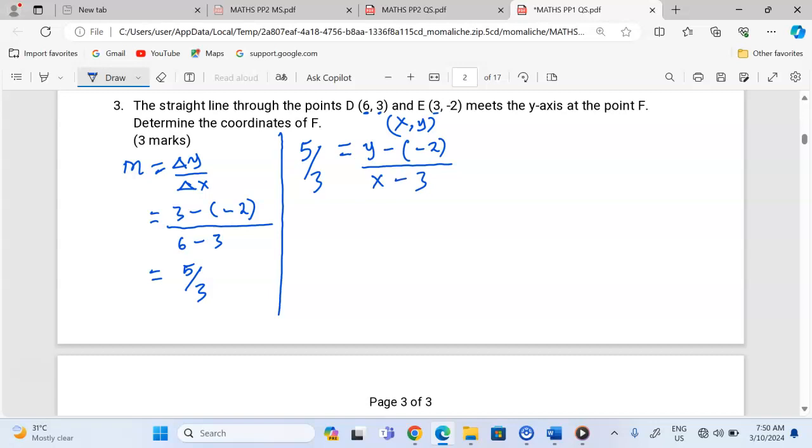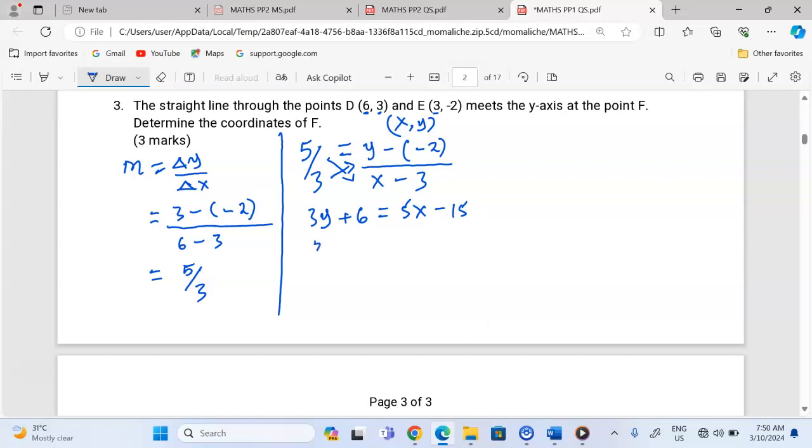So I can now cross multiply, whereby 3 multiplies everything here, such that 5 will also multiply the other components here. So 3y plus 6, because this is a positive 2, and 3 by positive 2 is 6. This is equivalent to 5 by x and -3 by 5 also, which gives us -15.